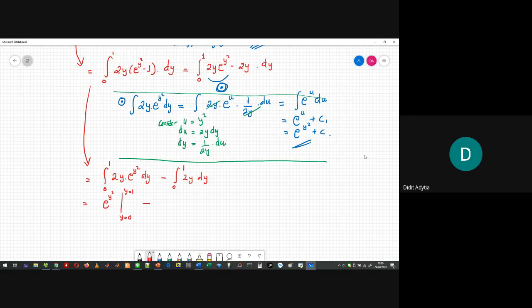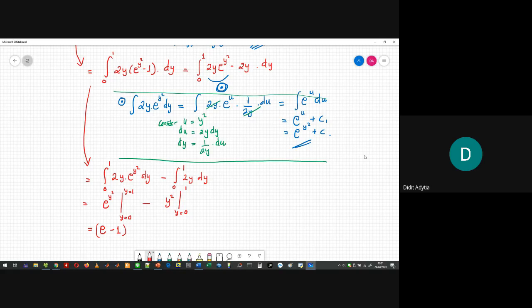And this one is what? The integral of 2y, which is y square. Okay? And then y is from 0 to 1. And then in this one, y is 1, so that we have e minus 1. Right?